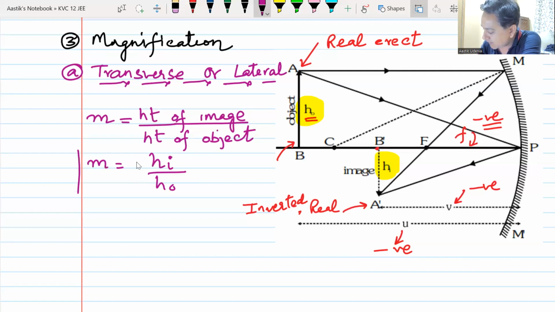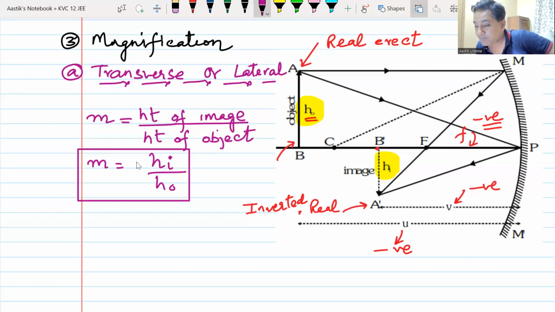I hope that my Hermiones and my Harry Potters will remember this magic spell of finding out the magnification from height of the image and height of the object. Will you remember this? Yes or no?